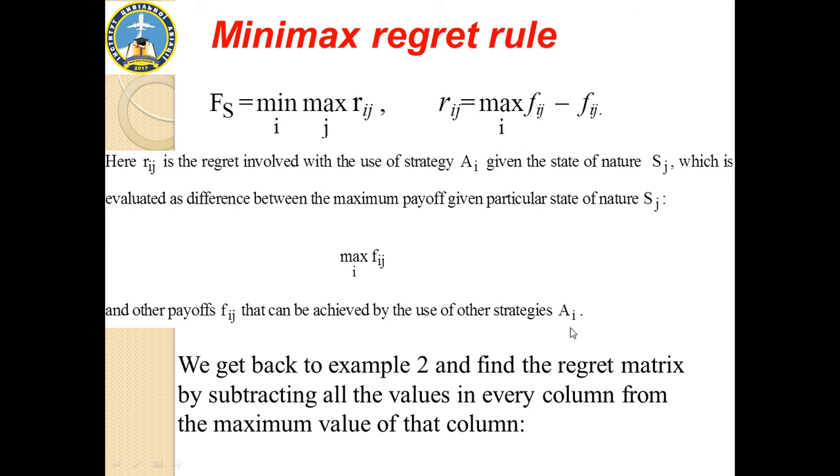So, we can find this regret by subtracting the current payoff in the matrix from the maximum payoff for every particular decision making option. So the regret will be considered as profit which could have been obtained but was not obtained.